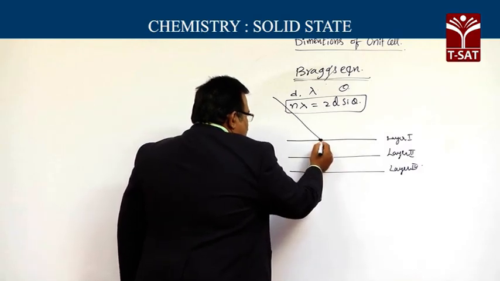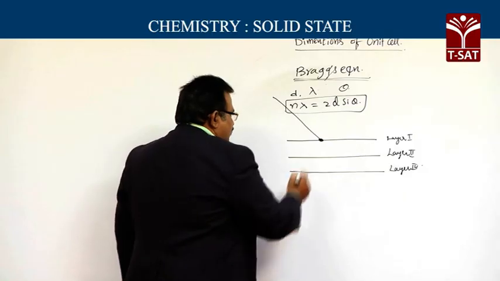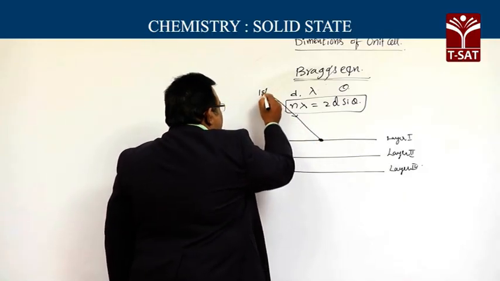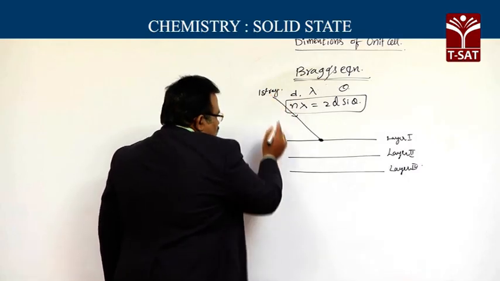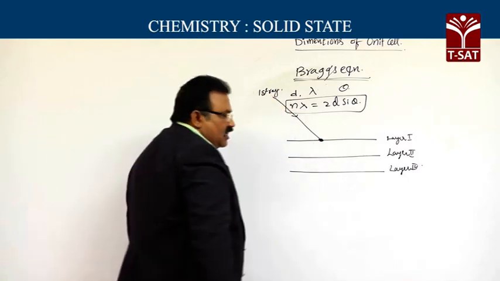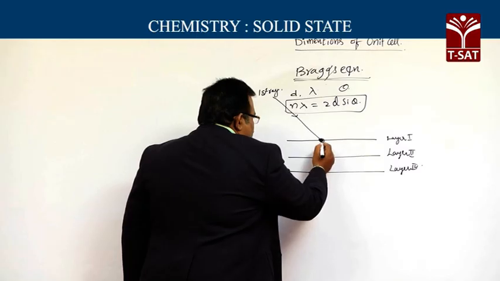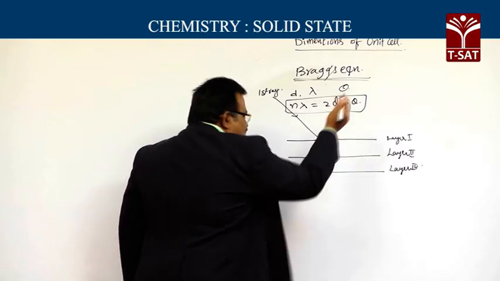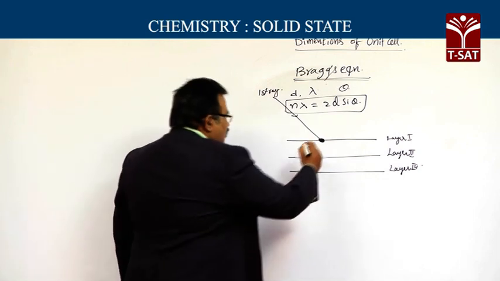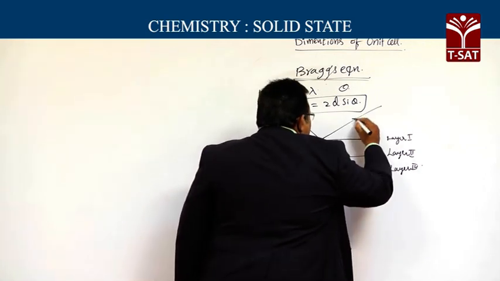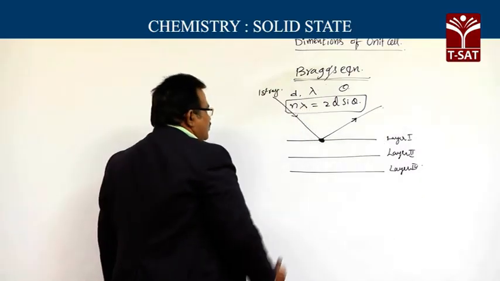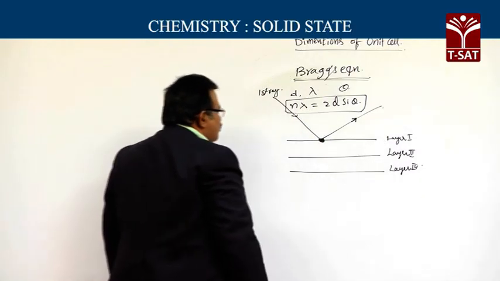Say one atom is present here. When this first X-ray strikes the surface of the crystal, because of the atom or sphere present here, it gets diffracted, and this is the emitted X-ray. This is the direction of the emitted light.